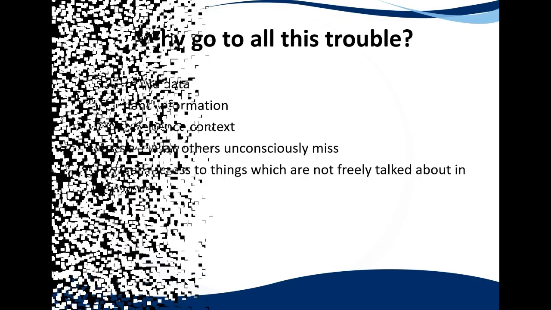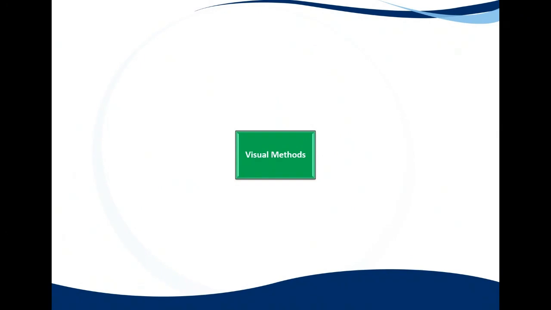Okay. All right. So that is observation and participant observation, or just complete observation as an ethnographer doing research, qualitative research in the field. And then we also have what we call visual methods.